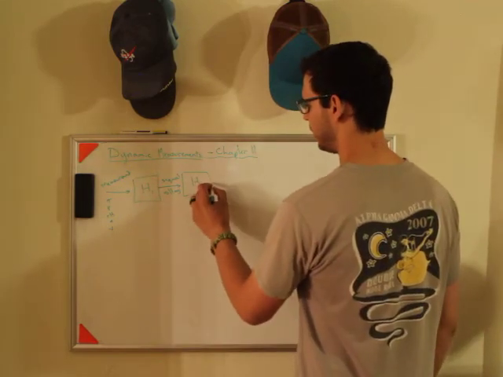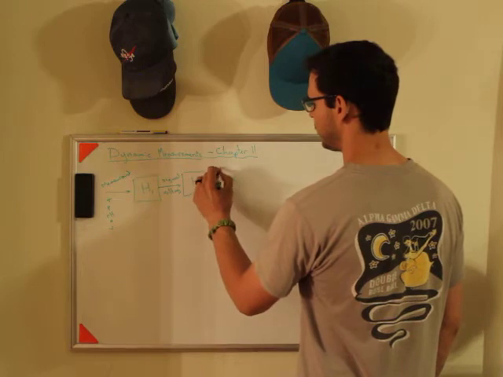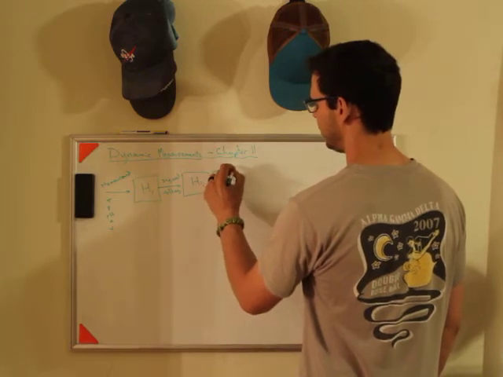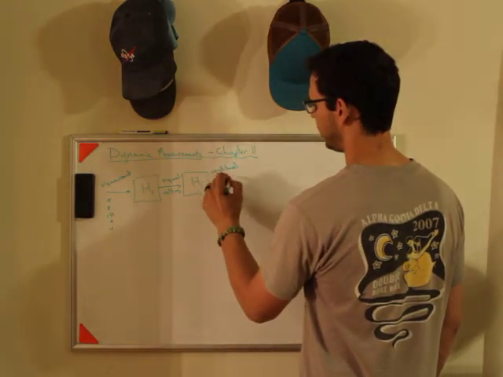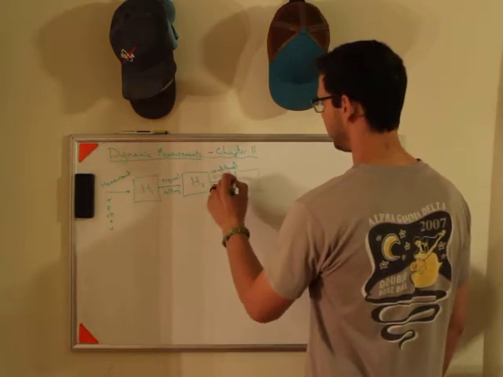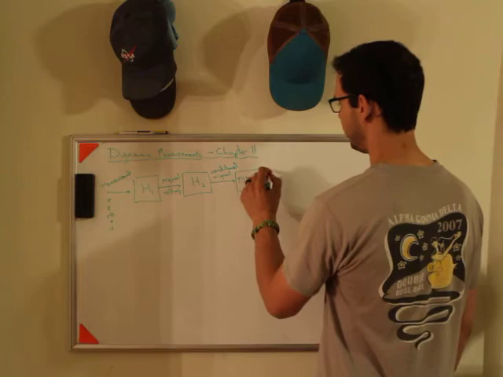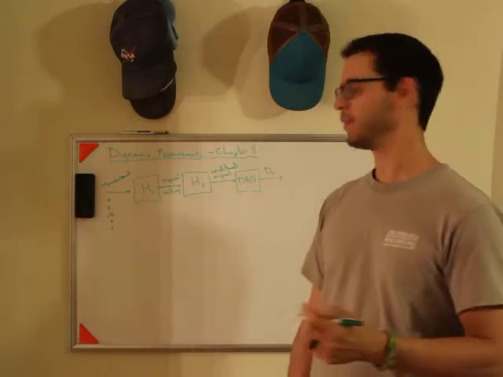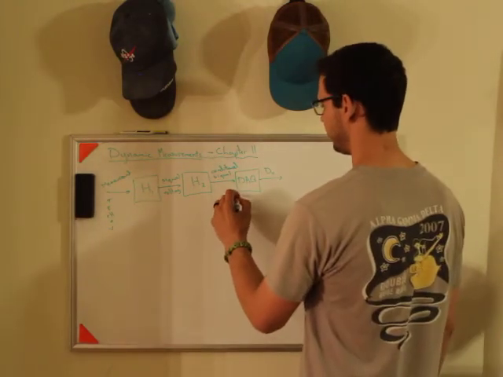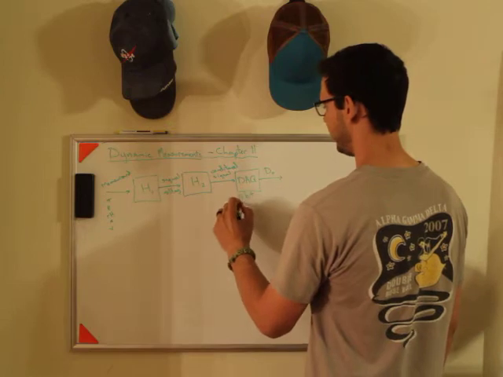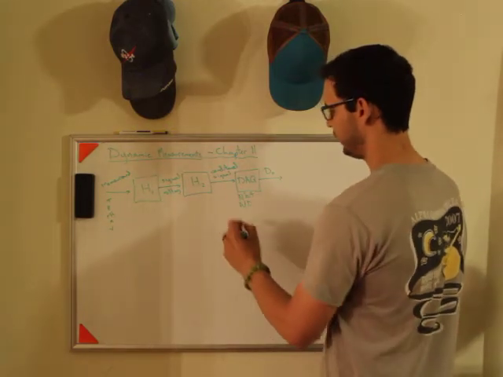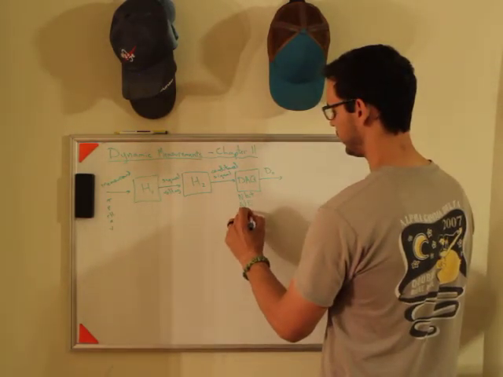The output of here is going to be sort of your conditioned signal, okay? And then that is going to go through your data acquisition system, which is going to output a number in binary. So this is going to be your A to D, so it's going to be an n-bit A to D with some sampling frequency.